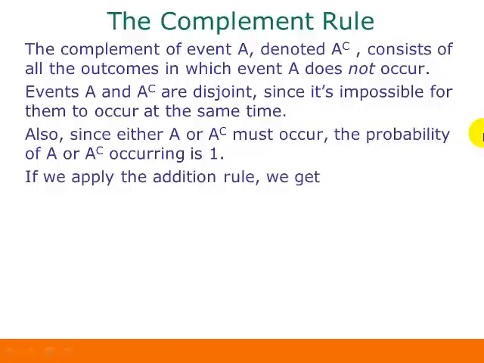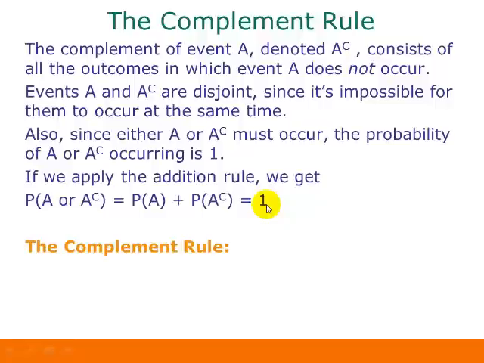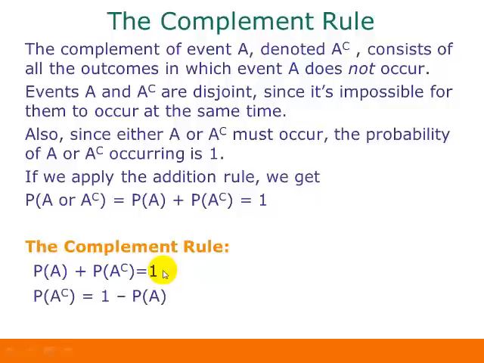Now if we apply the addition rule to this, we get the probability of A or A complement is the probability of A plus the probability of A complement, and we just said that those two together have to add up to 1. So our complement rule says that the probability of A plus the probability of A complement is equal to 1, and usually to use this rule we turn it around.